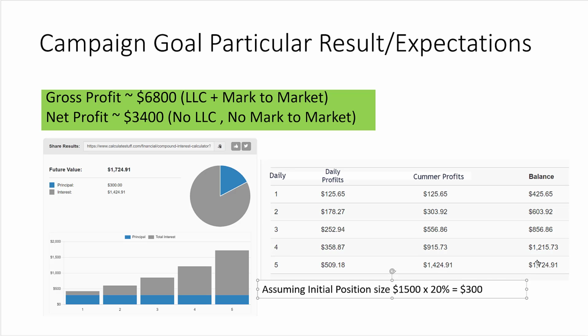So add that $300 to the cumulative profits, you get $1,724.91. So that's kind of like the fifth trade. That's how much you should be expecting. And then if you reach this goal or around it and you feel comfortable, then you would now adjust the allocation amount for the next round.